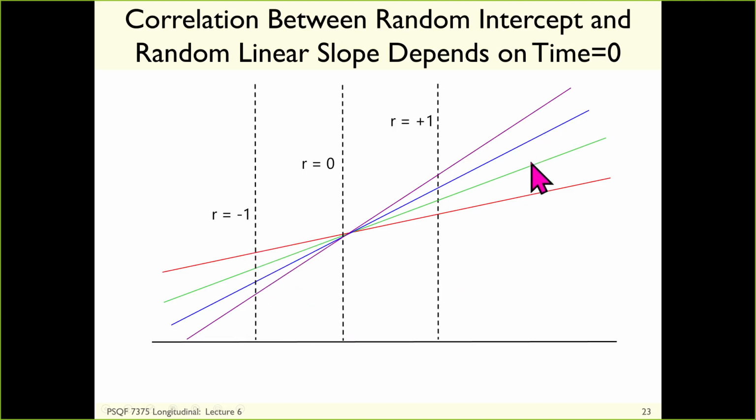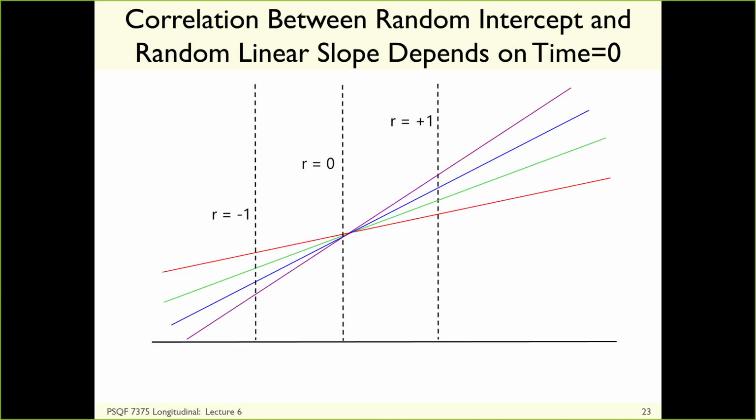What if I put time 0 over here? Now I have a perfect positive correlation because people who are the lowest grow the slowest. All three of these correlations accurately describe the same data.